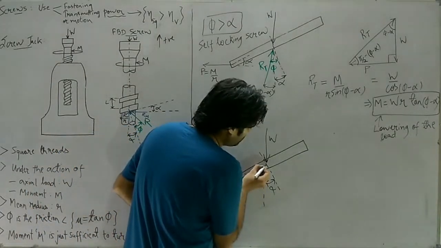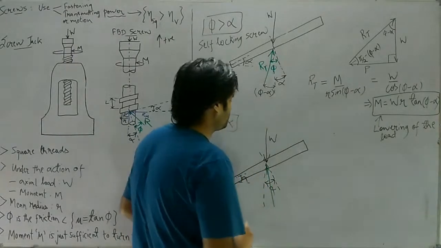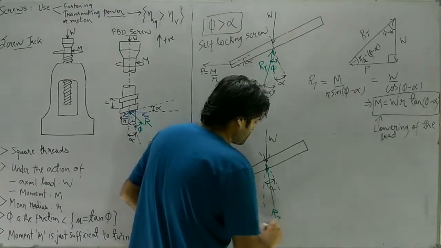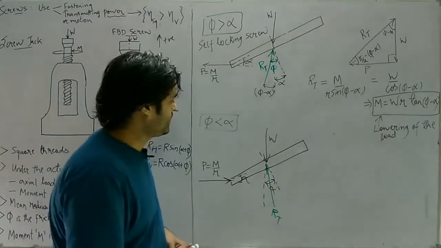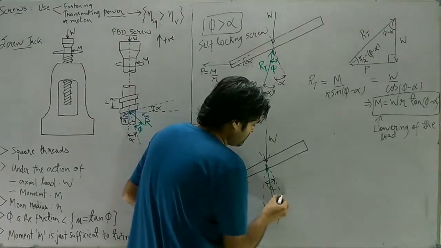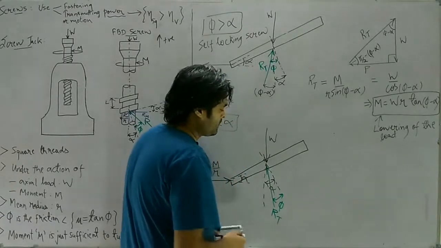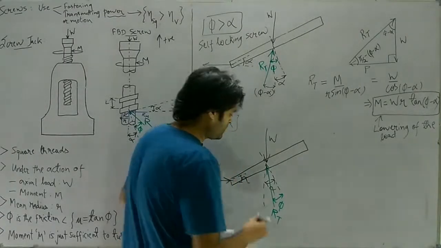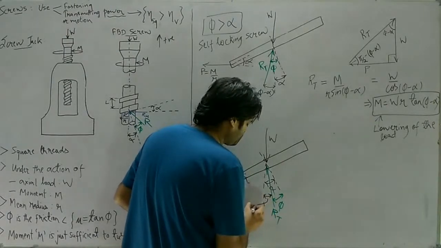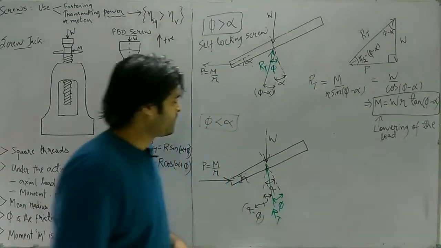Okay, so RT will be acting something like this. This will be RT. Okay, and this angle will be phi with the common normal. Okay, so this angle will be alpha minus phi.